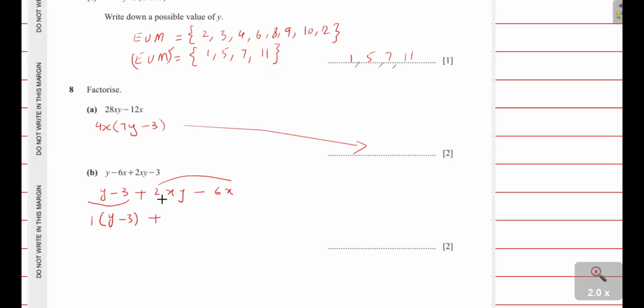Next is the common between 2xy and 6x. Here the common is 2x. Therefore, we can write for the last two values y minus 3. And look here, again y minus 3 is common. We write y minus 3 into 1 plus 2x. And this is the factorization of this expression.